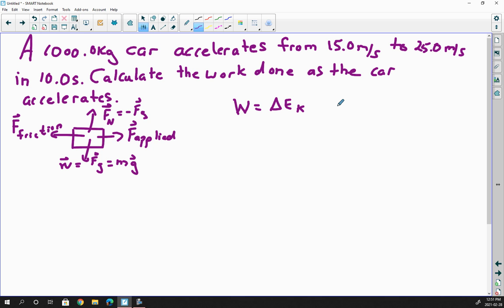kinetic energy change. We're assuming no other energy changes come into play here, which would equal kinetic energy final minus kinetic energy initial, which is equal to half the mass times final velocity squared minus half the mass times initial velocity squared.